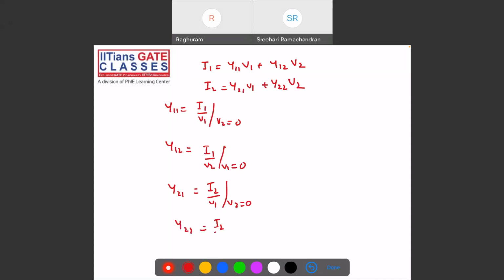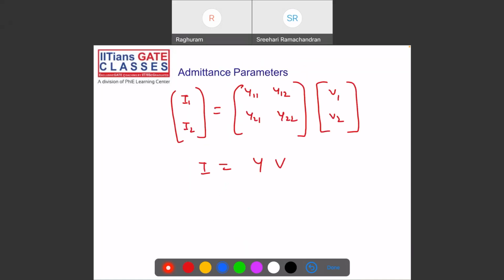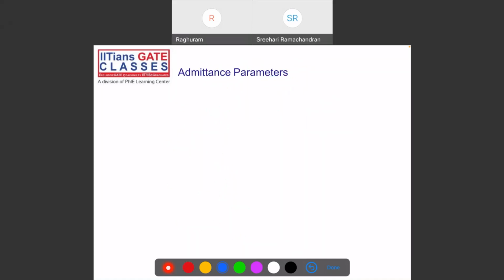Y22 is I2 by V2 at V1 is 0. Voltage 0 is a short circuit condition. So these are called short circuit parameters, or Y parameters, or admittance parameters.